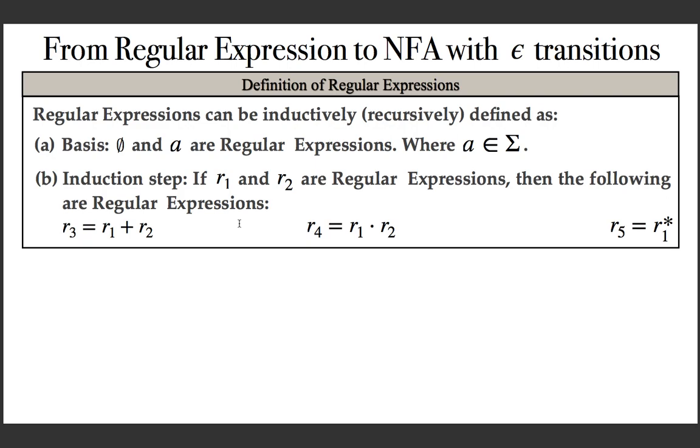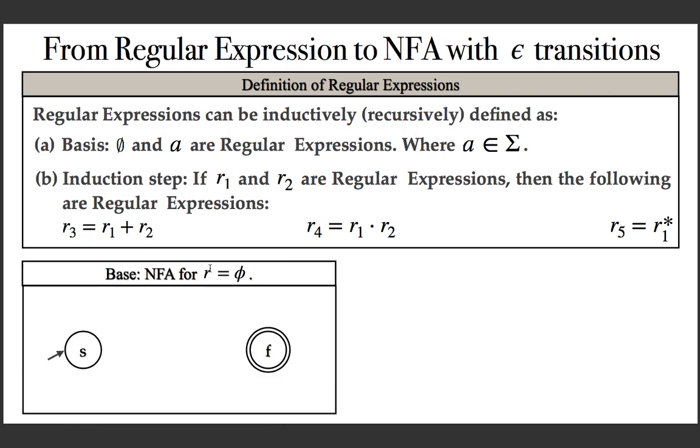So what is the base case? First base case is this: NFA for R equal to phi. We know that if the regular expression is phi, then the language is the empty set. And this can be the NFA. See that there are no paths going to the final state from the initial state, so the language is the empty set. So this could be the NFA for phi.